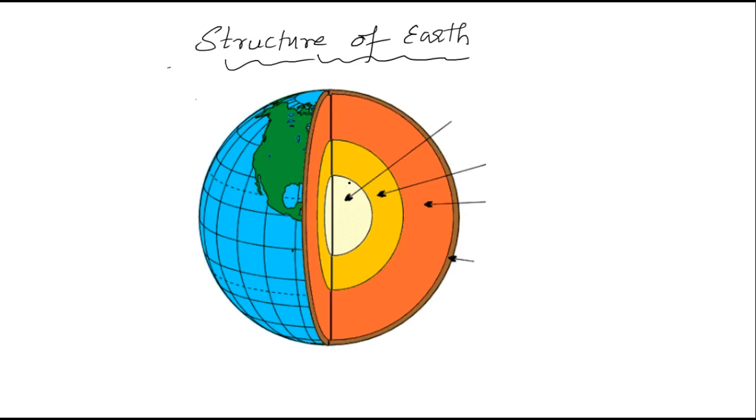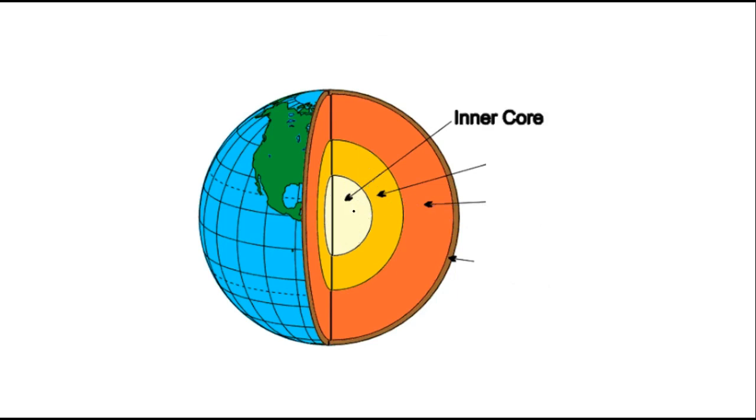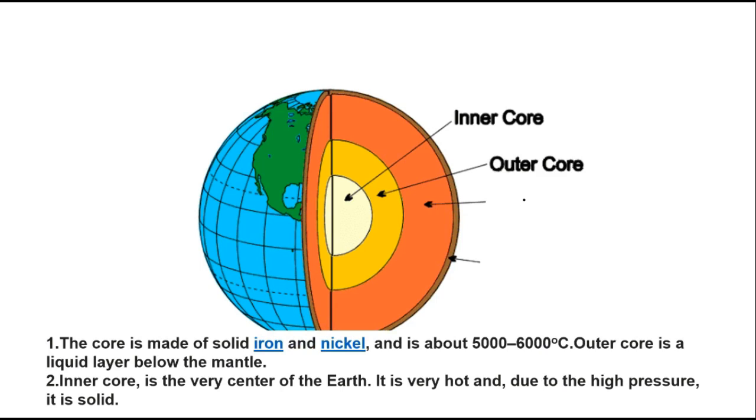What you watch here, this particular portion is a core, and this also is a core, but we'll call this an inner core and this one an outer core. Both together are called core. The first one, in the white color background, is the inner core and the next one is the outer core, right? So this core together is in the center of the earth.